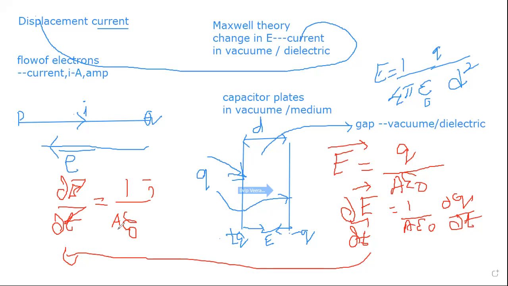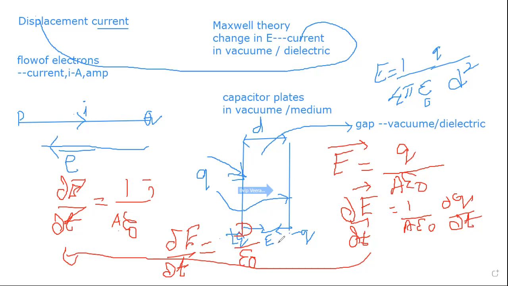I, the current, divided by A, the surface area, is the current density. So I can write dou E by dou t equals the current density, which is the displacement current density, divided by epsilon naught.